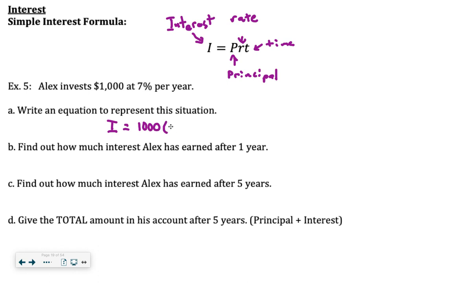So 7% as a decimal would be 0.07. And then times time, which is the number of years. So here, for part B, I want to find after 1 year how much interest. So I'm just going to plug 1 into this function. So this will be 1,000 times 0.07 times 1.